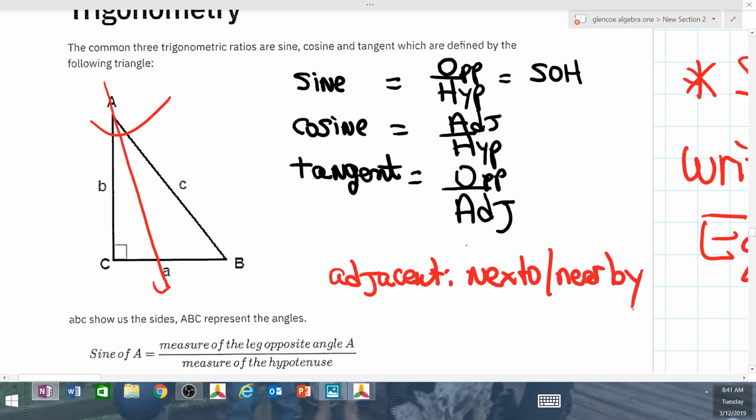But Mrs. Urso, I see two sides that are next to or near angle A. I agree. The two sides are side B and side C. But we know something very important about side C. In a right triangle, this particular side, side C, has a very special and unique job. It also has a very special name.